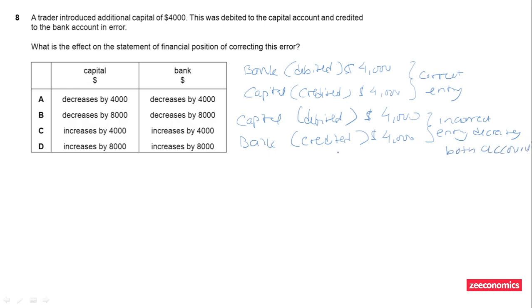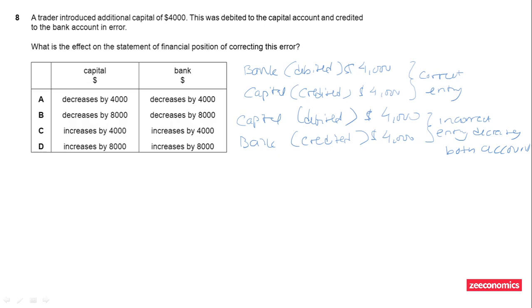Remember, capital should be increased on the credit side. Instead, in this entry, capital is debited, which indicates that it's being decreased. Bank or asset increases on the debit side. But in this case, the bank is being credited, so that indicates that the bank is actually decreasing. So therefore, the capital and the bank are understated.